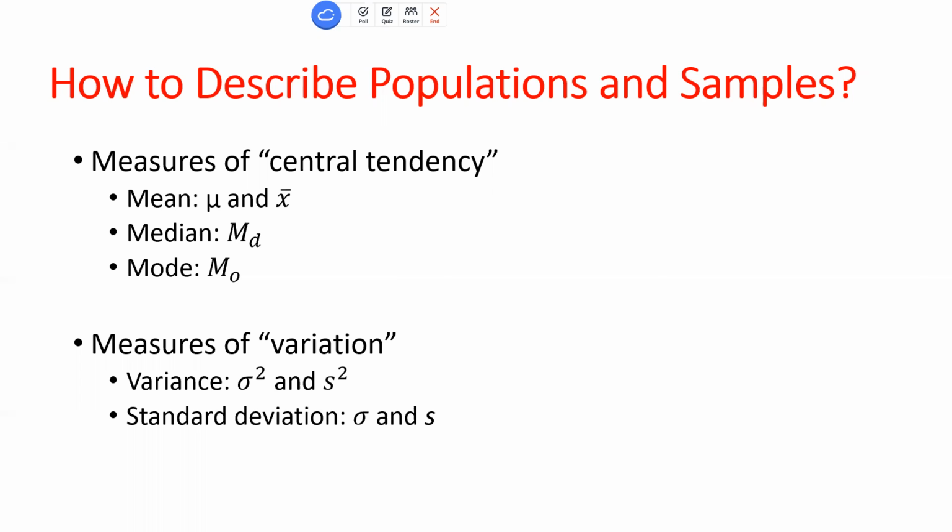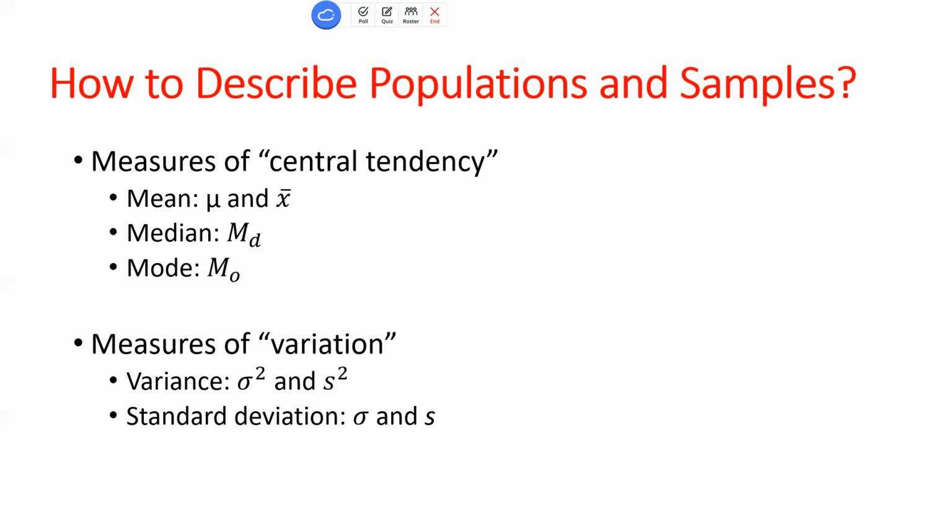That reflects that I calculated a mean, but it was from population data. X bar denotes that I calculated a mean, but that it came from sample data. So when we use this English lettering, that's going to be our sample statistics. Greek lettering, population statistics. That'd be a good thing to write down, right?